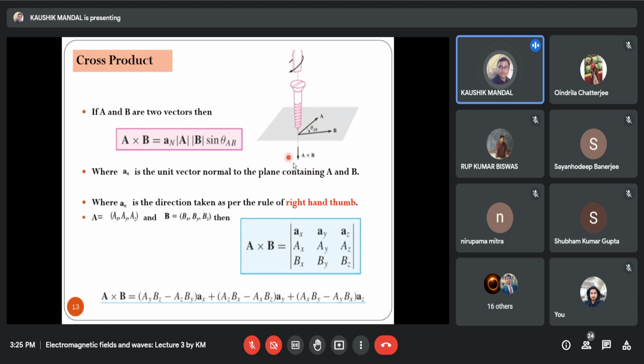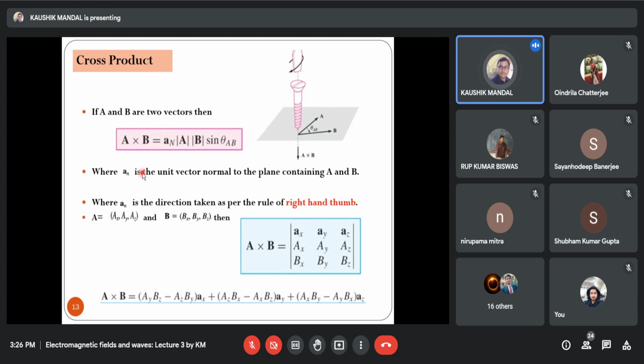So this cross product has some direction along with the magnitude. The cross product of two vectors will always be a vector. So we can write A cross B equals mod of A, mod of B, sine theta AB, an, and what is an? This an is the unit vector along this cross product.